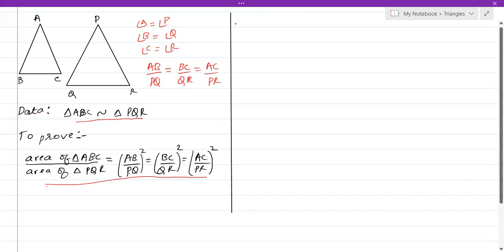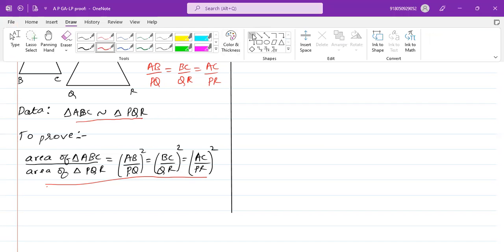Okay. Now let's come to the proof of the theorem. In the proof, we have the statements and the corresponding reasons for them, isn't it? So let's bisect them.